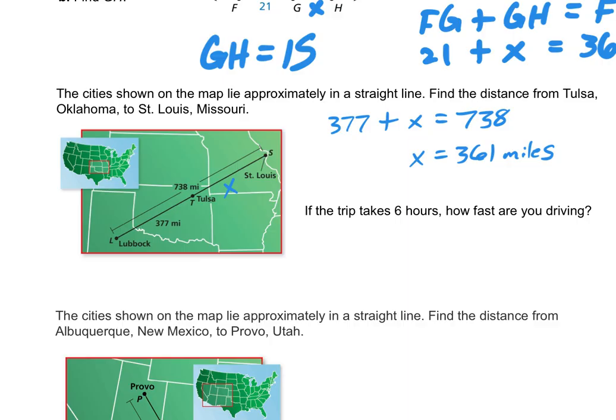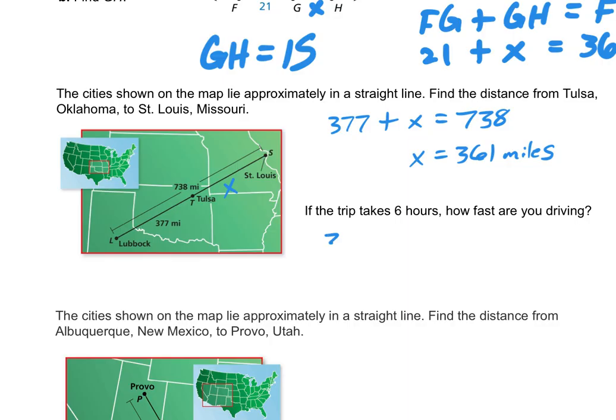Okay, this one takes us a little bit different direction. If the trip takes 6 hours, how fast are we driving? Okay, and so I think we're talking about this trip here because we're talking about Tulsa to St. Louis, and we talk about an average driving speed. So if I figure out miles per hour, per means divide.